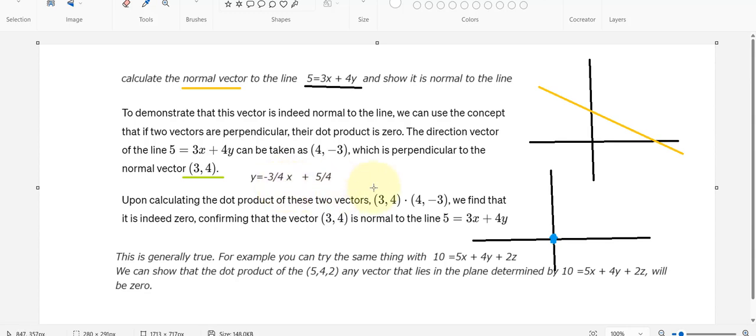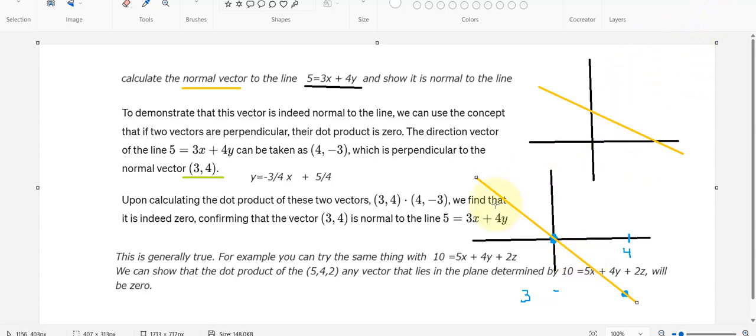If we go over 4, we go down 3. So we have that point. So we have that line. By the way, this line I just drew arbitrarily, which wasn't terrible, but it wasn't right either. So anyway, this is the line.